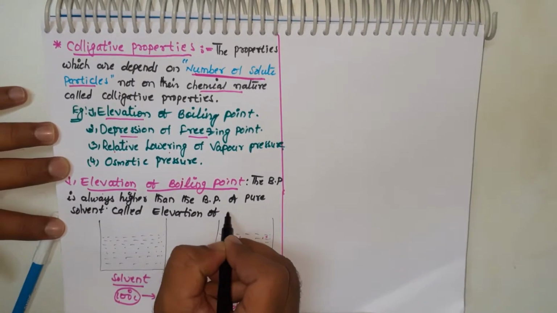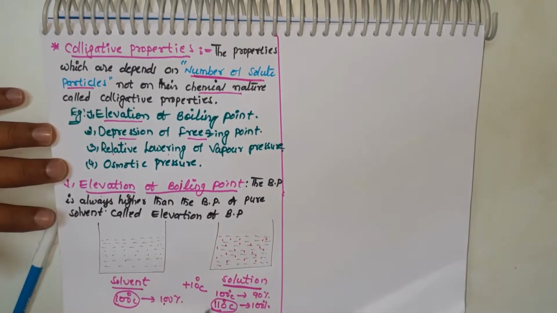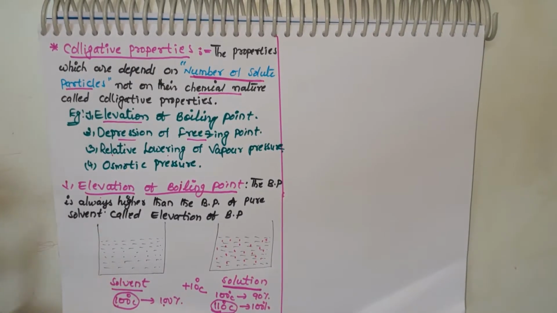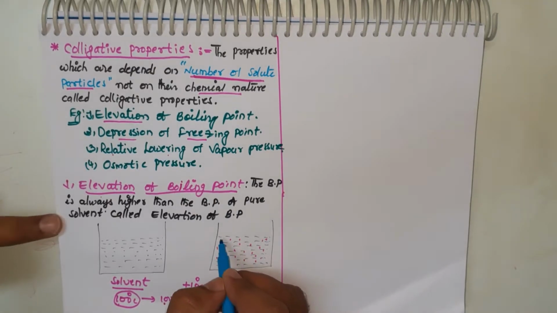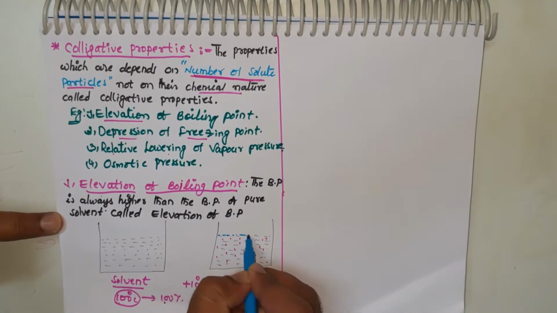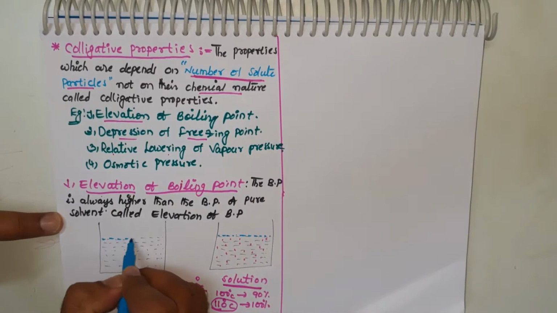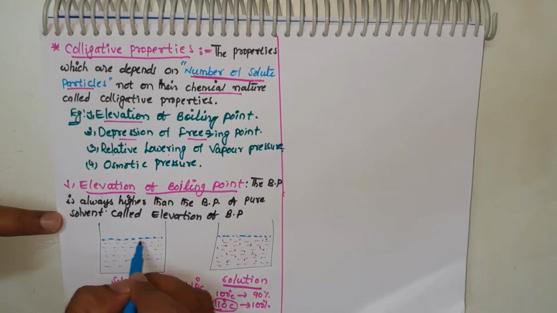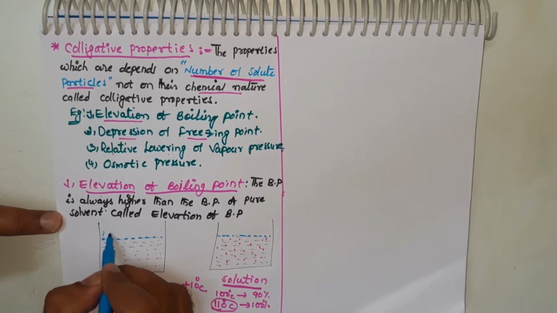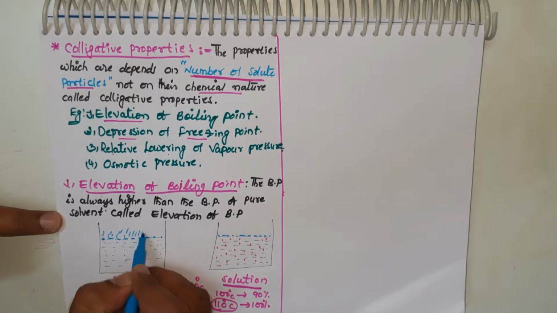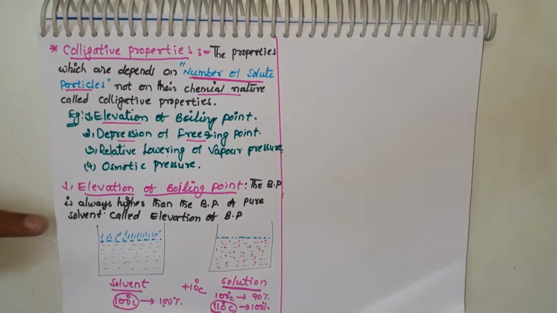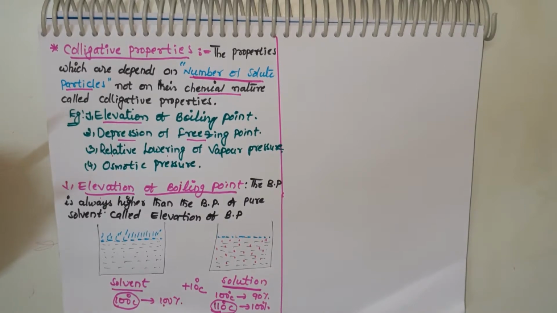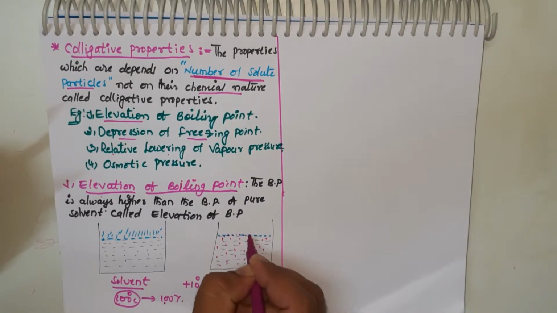Why does the elevation occur? Because vaporization depends on surface area. At 100 degrees in the solvent, all are H2O molecules, so the total surface area gives vaporization. But here some solute particles are there.